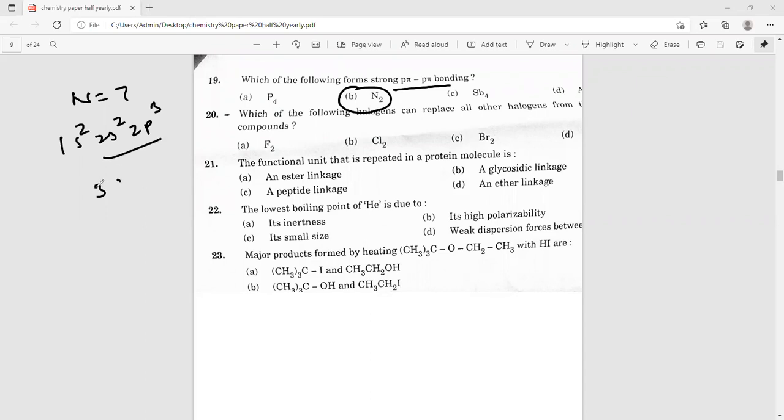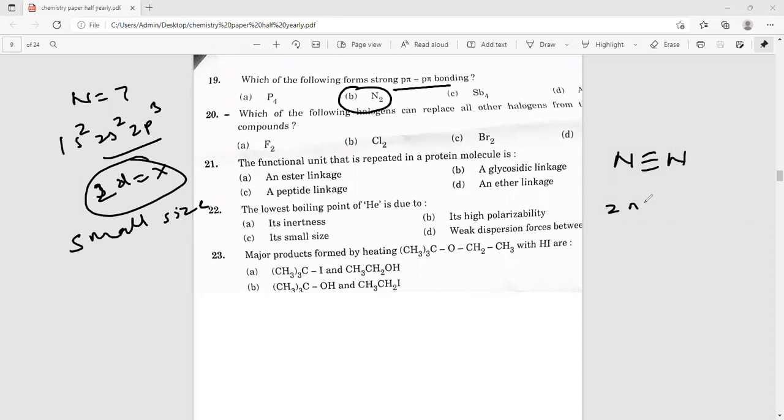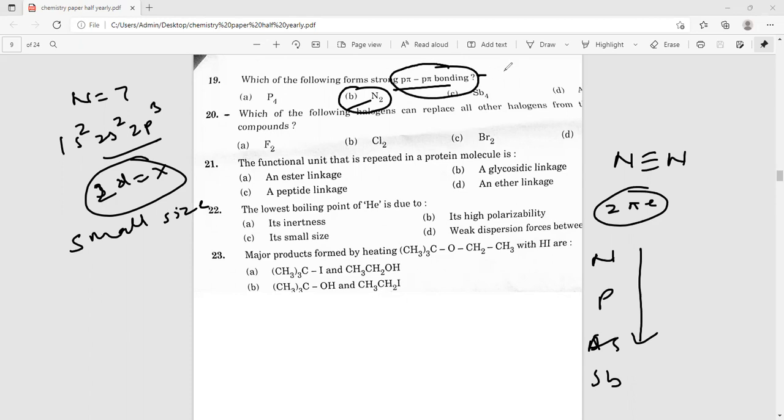So 2d is not possible, and because of small size, nitrogen has a triple bond, meaning 2 pi bonds are there. Strong p-pi bonding in case of nitrogen, because on moving top to bottom, size increases, P as Sb. On moving top to bottom, size increases, and the p-pi bonding will be weak, because p-pi bonding is formed due to overlapping.